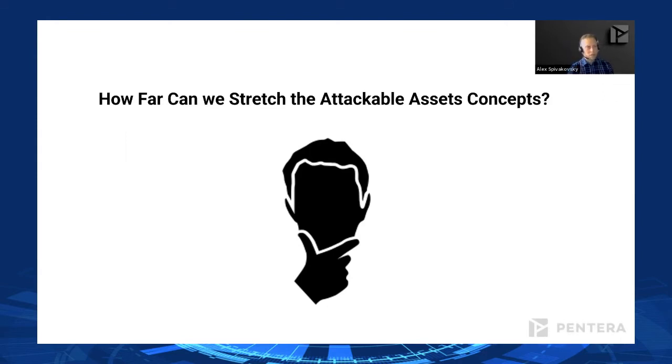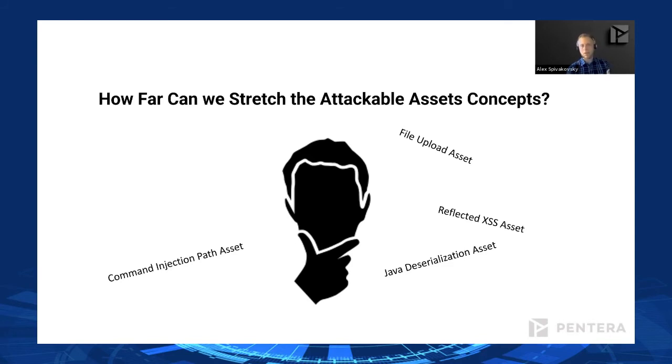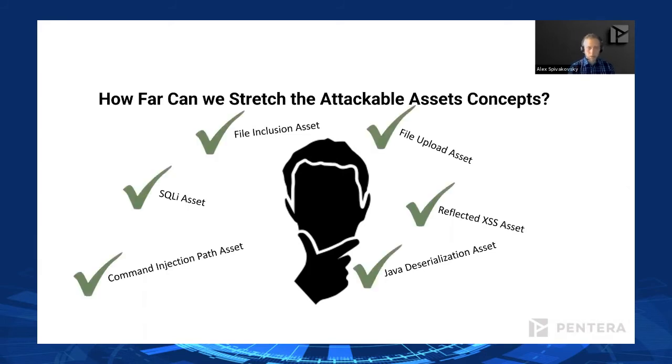But can we create some more types of assets, like command injection path assets, file upload assets, paths and assets which will enable deserialization attacks, or as I mentioned before, cross-site scripting attacks, file inclusion assets, SQL injection assets? The answer to all of those is yes, okay?